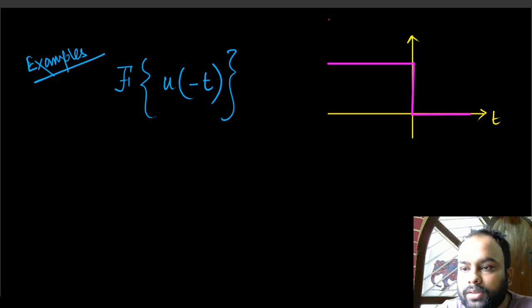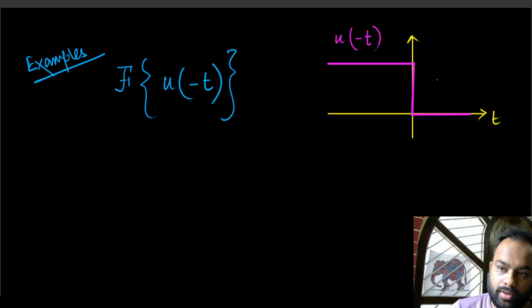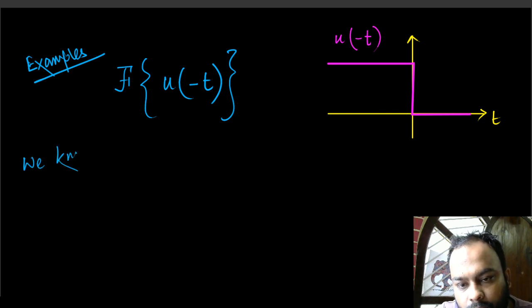Okay. So that's my u of minus t, right? All right. So we are trying to calculate the Fourier transform of that, but we have to somehow go back to what we know. What do we know?